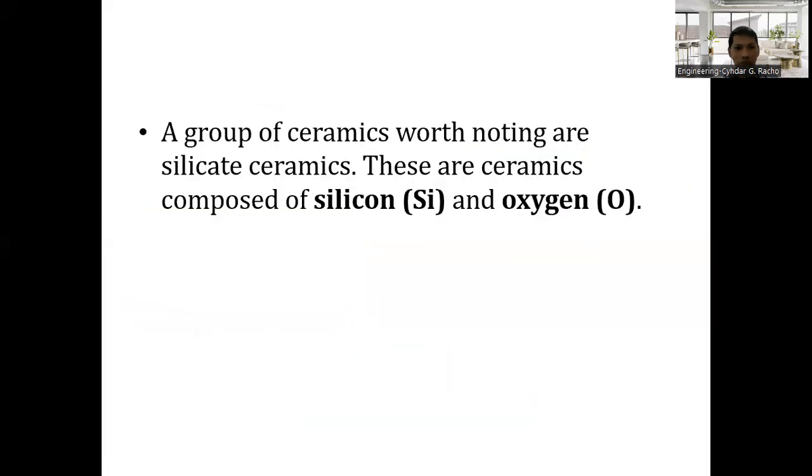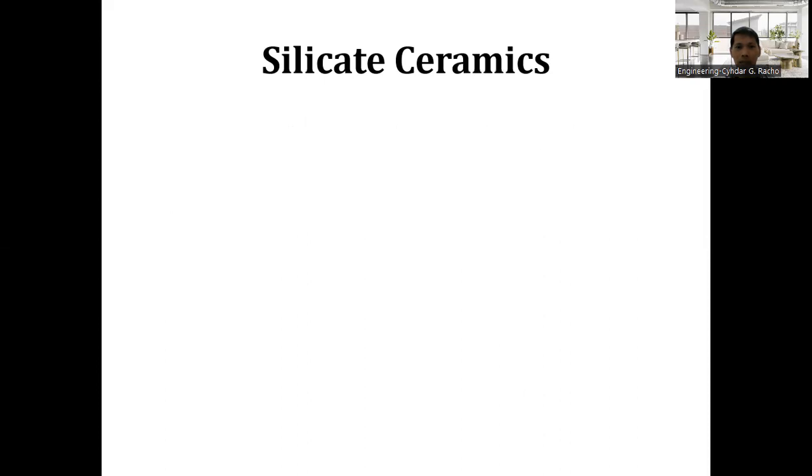Okay, so let's move on. A group of ceramics worth noting are silicate ceramics. These are ceramics composed of silicon and oxygen, so they are called silicate ceramics.